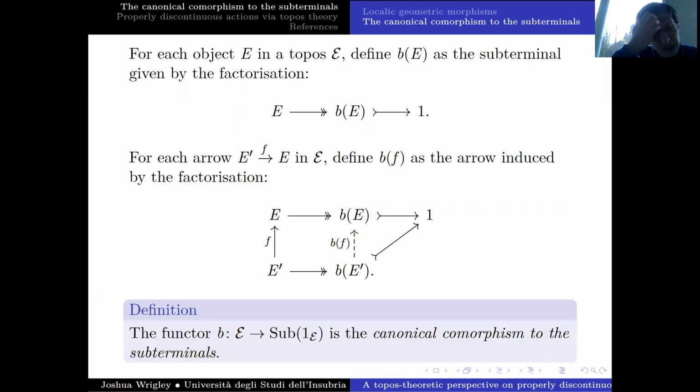And when we plug this together, we get a functor from our topos E to the subterminals of E. And we're going to call this the canonical comorphism to the subterminals. And I'm going to justify that terminology, comorphism, immediately now.